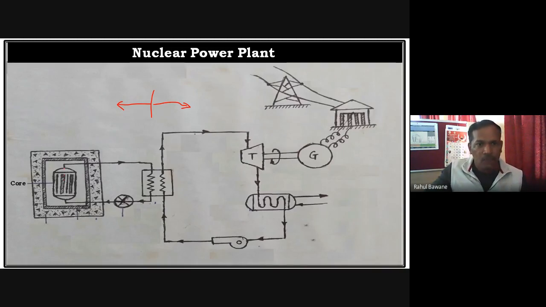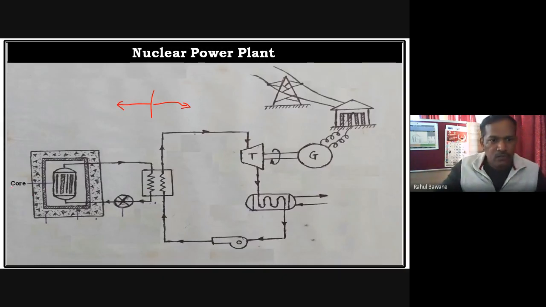It becomes hot coolant, and that hot coolant continuously passes on to the heat exchanger. So the core is the main source of heat energy, where we have the nuclear fusion reactions and heat generation. Okay, and to cool down this core, we supply a coolant.